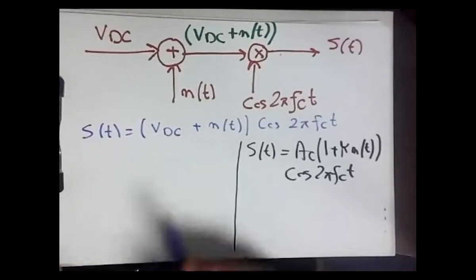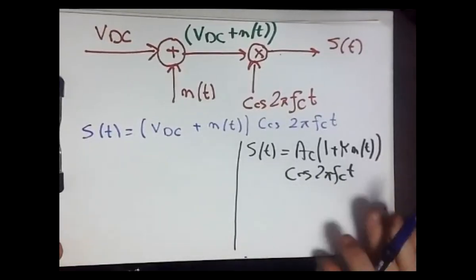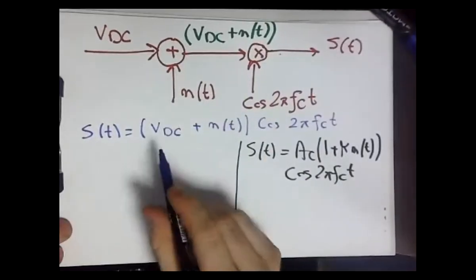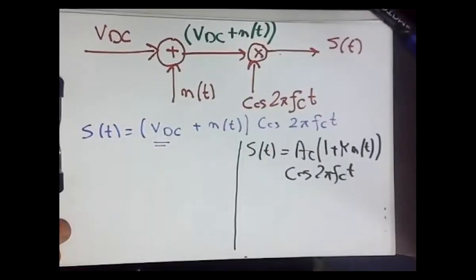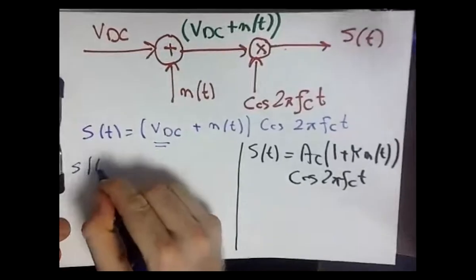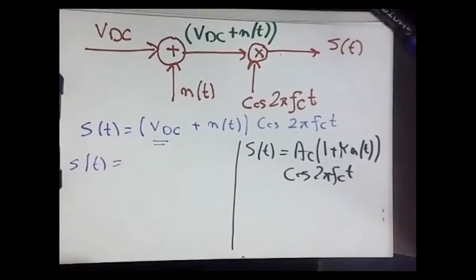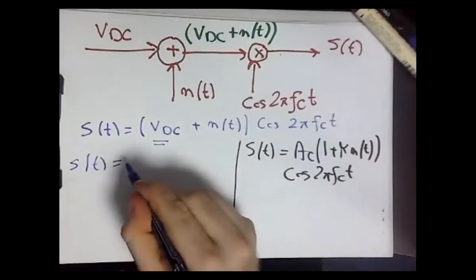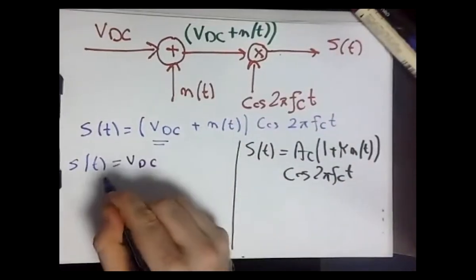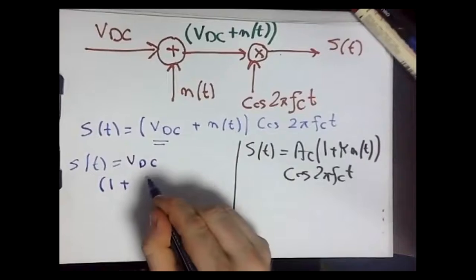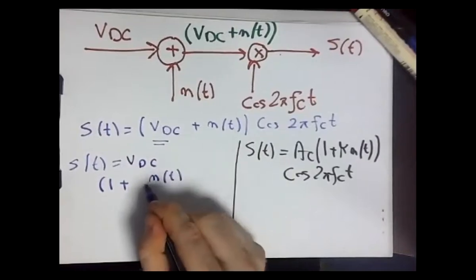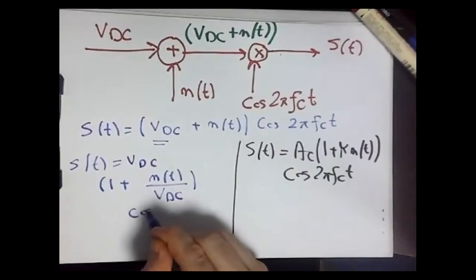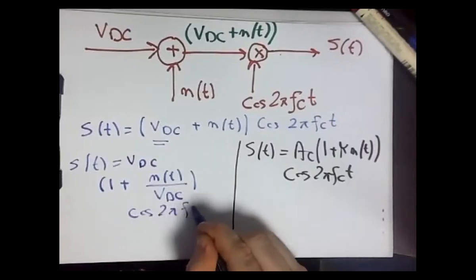Let's say, okay, if we have VDC here as a common factor, we will get S of T equals VDC times (1 plus M of T over VDC) cosine 2 pi FCT.